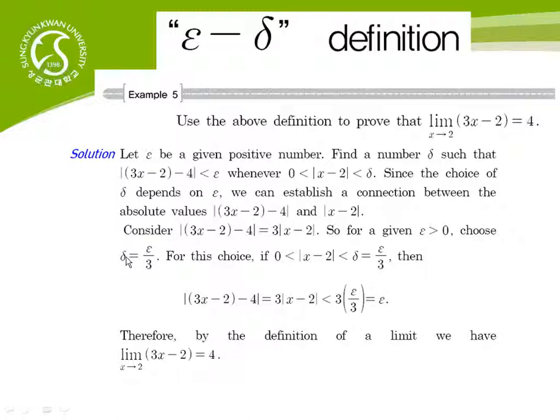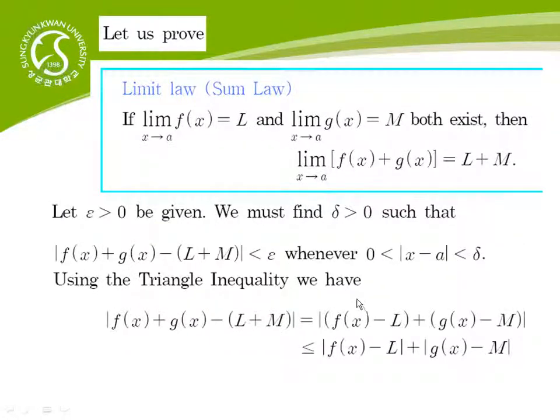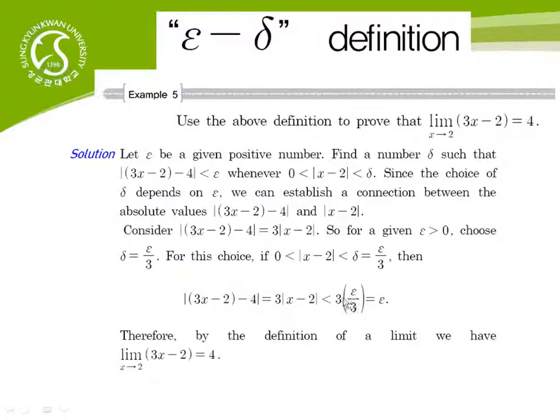So choose delta as epsilon over 3. Then if the absolute value of x minus 2 is between 0 and delta, which is epsilon over 3, then start from here, and this is less than 3 times epsilon over 3, and the 3s cancel each other to leave epsilon.